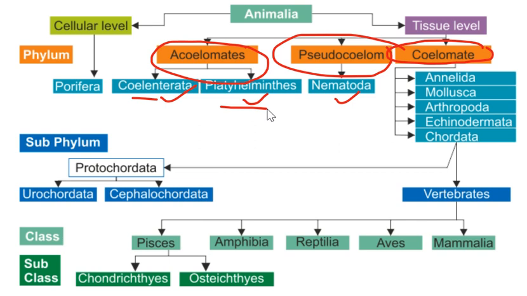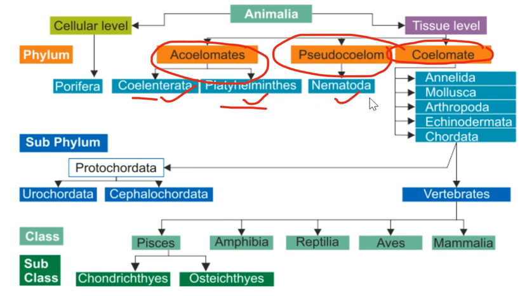The features of Platyhelminthes are that they are bilaterally symmetrical, free living as well as parasitic, flat, unsegmented worms, body cavity absent, bisexual, with only one opening. Liver fluke and tapeworm like Taenia solium are some examples of this phylum, and most of the organisms under this phylum show parasitic nature.